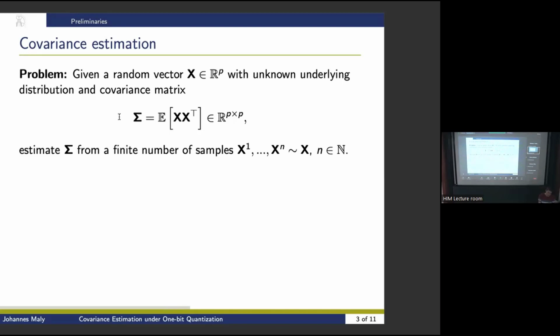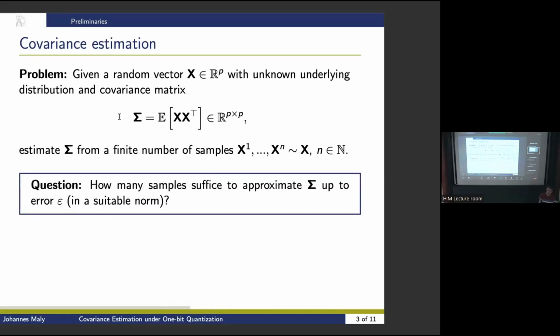So given such a random vector and samples from it, the main question is, how many samples do I need to get a good approximation of sigma? Good means it should produce a small error in some suitable norm. For us, the main norm of interest is the operator norm.